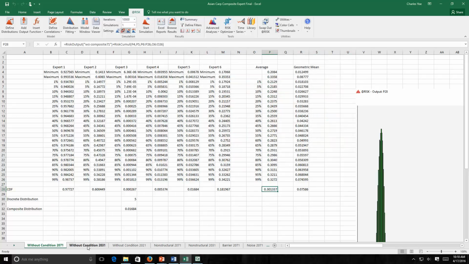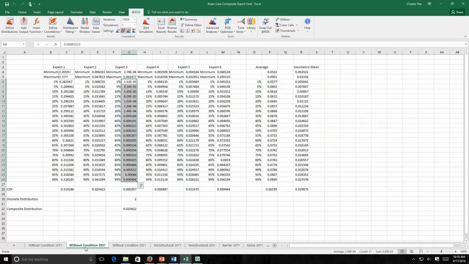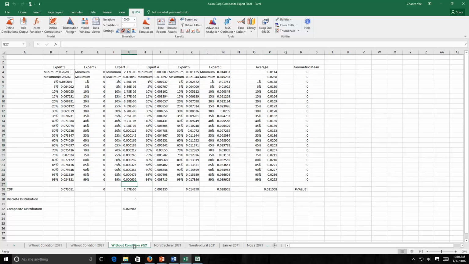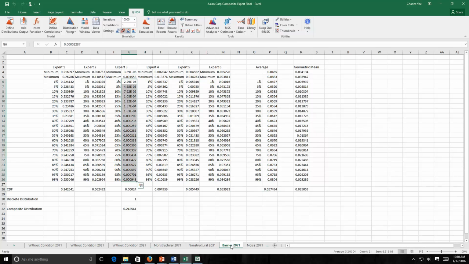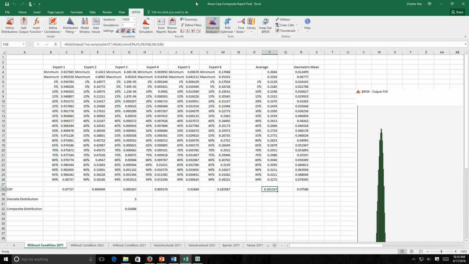So we have a composite expert for every value. Here's the without condition 2031, the without condition 2021. And then we have for the barrier. So we have the expert opinion about all of these values.